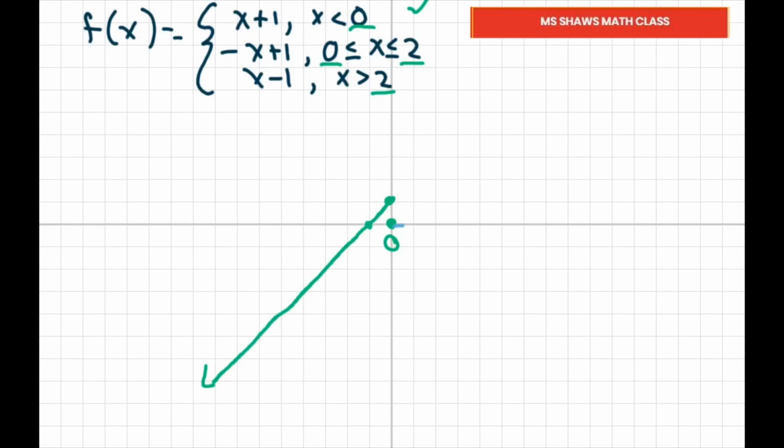Now, at 0 to 2. So at 0 to 2, what's going on between these two here? So plug in 0. Oh, by the way, it can't equal 1 right here. So this should be open right here.